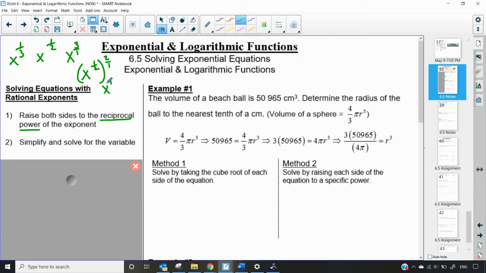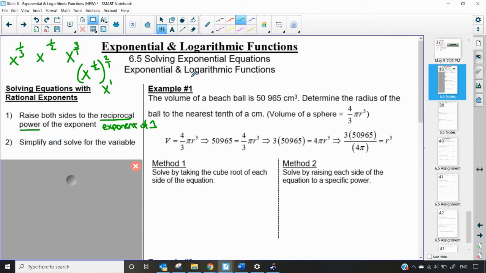So that's the purpose for raising it to the reciprocal power. So again, we want to make it so that our exponent is 1. Now, after that, we would just simplify and solve for our variable.